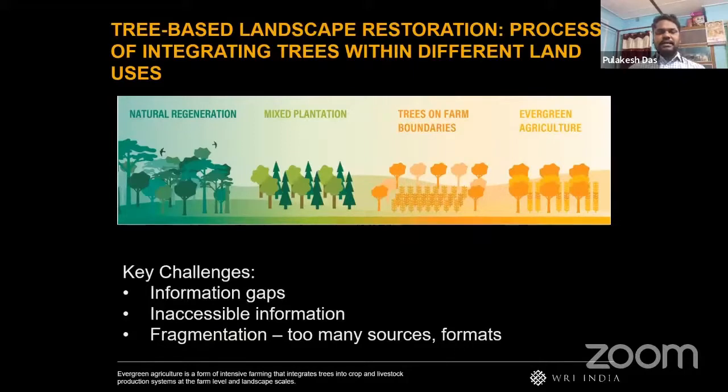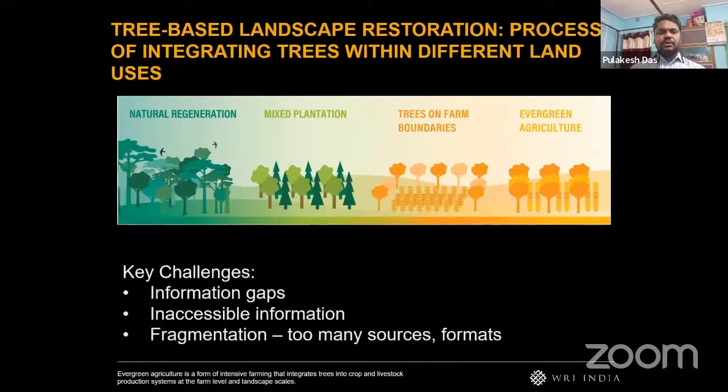So what are the key challenges in landscape restoration in India? So basically this includes the information. We have a large number of data available in different scales, different landscapes, coming from the ground, the satellite, and the different sources.